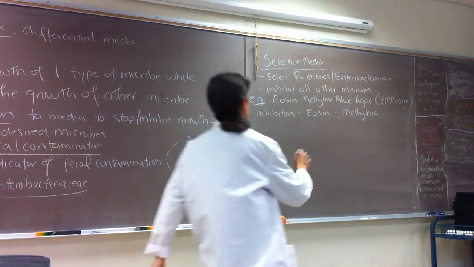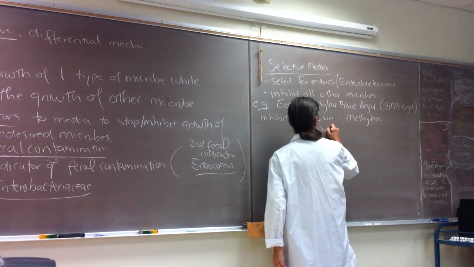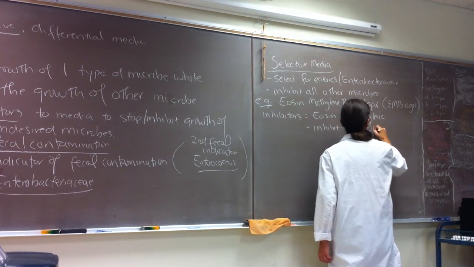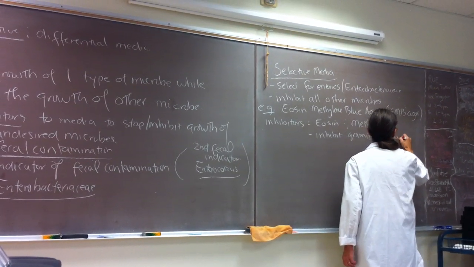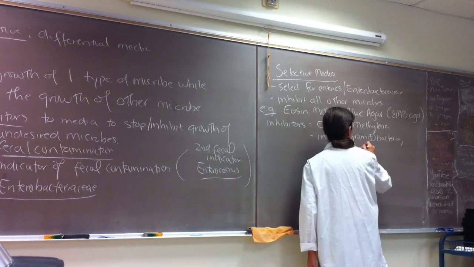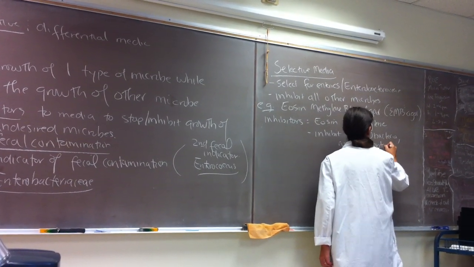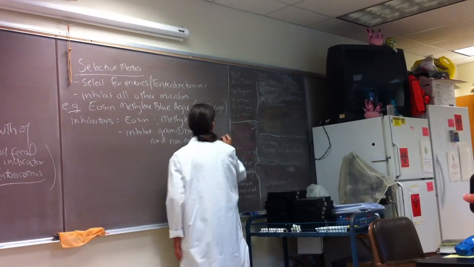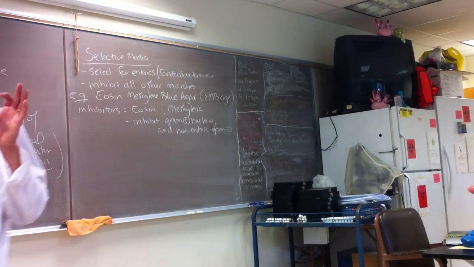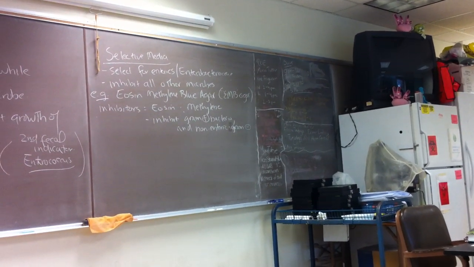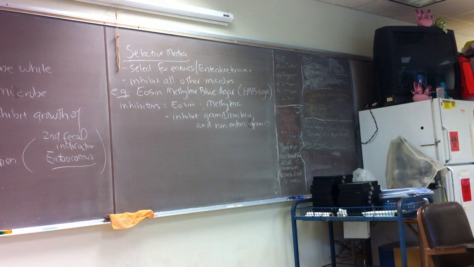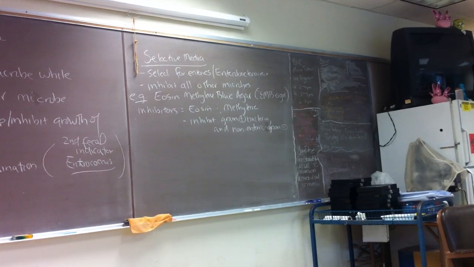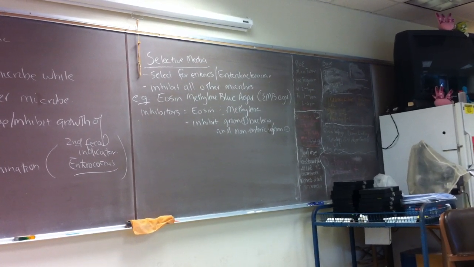So these dyes inhibit gram-positive bacteria and non-enteric, meaning they don't live in the intestine, gram-negative bacteria. So hopefully, ideally, only enteric bacteria will grow, and that's exactly what we're after, right? Okay, so the fourth column over asks us what is selected for. So EMB selects for the growth of which?